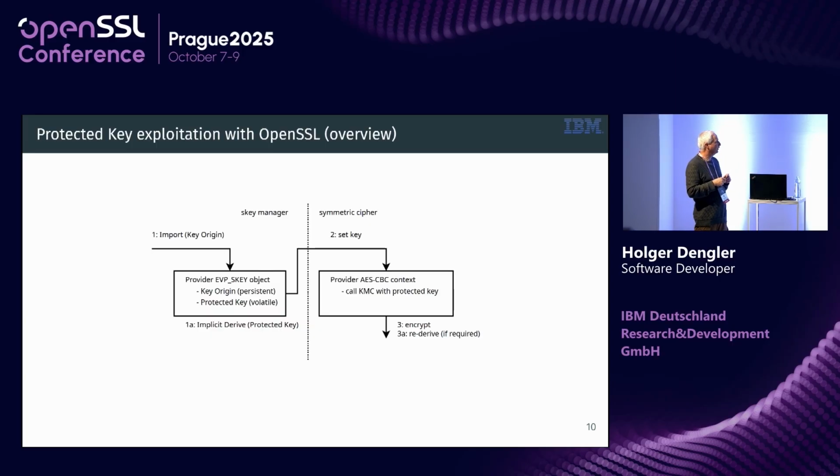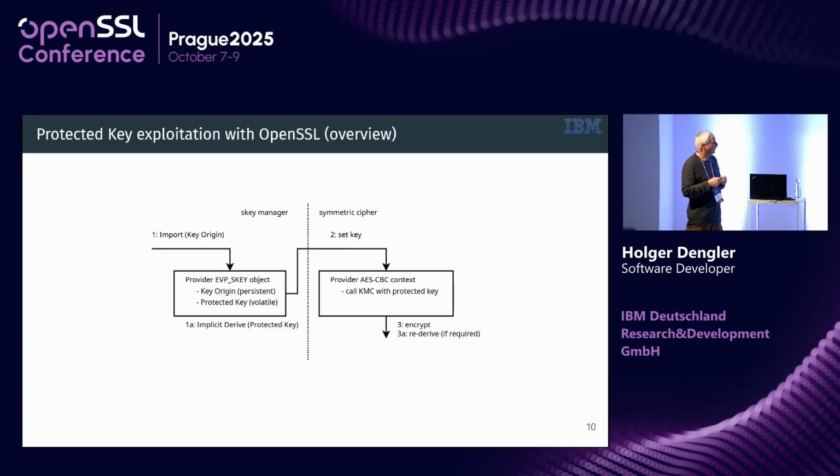What we store in an EVP-S key object is mainly the key origin. The key origin is the part that is used when you are creating or importing a key.